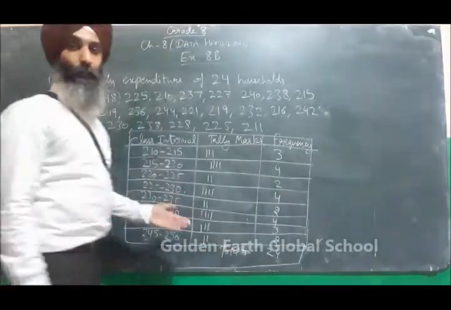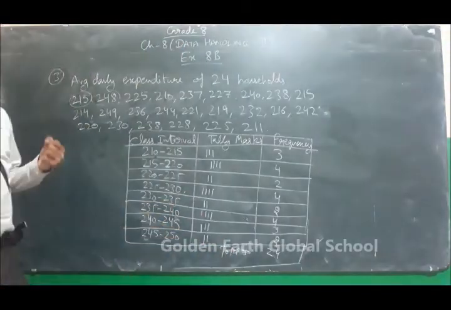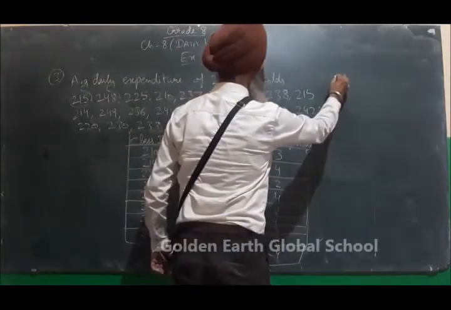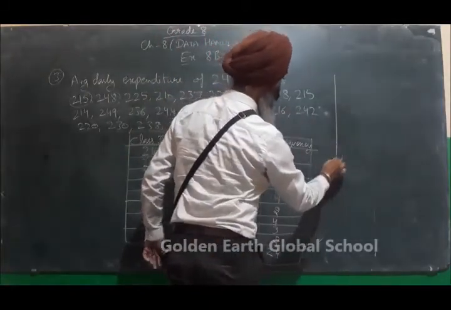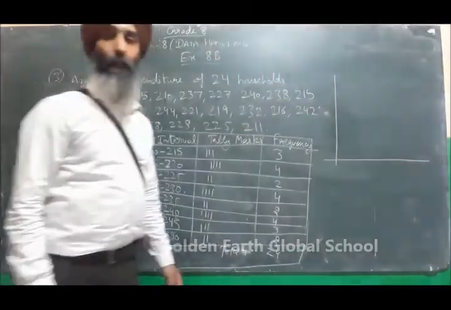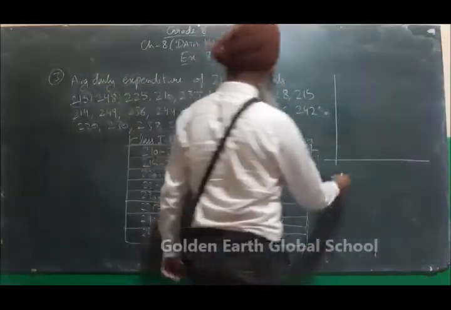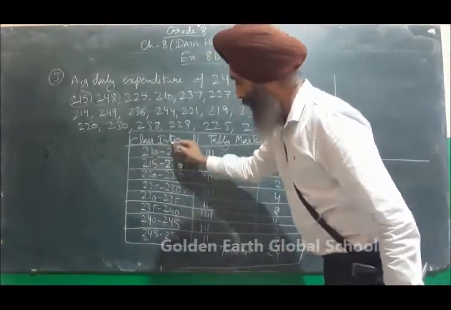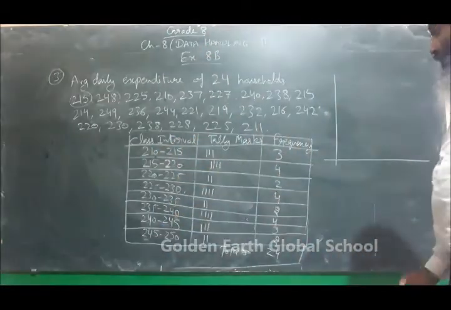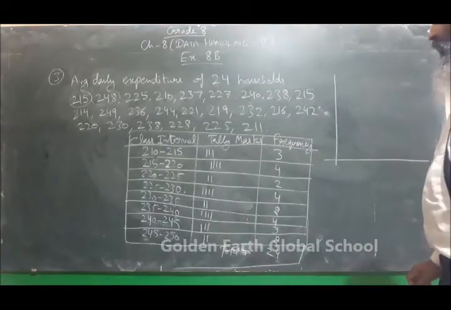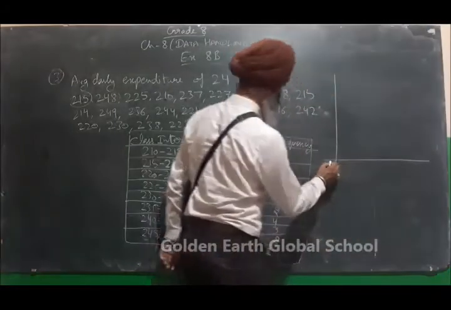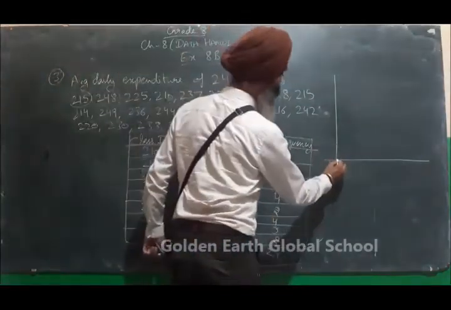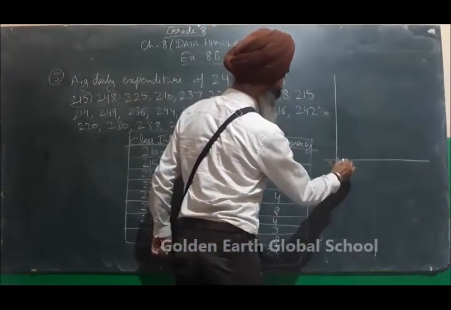Now from this table we will make the histogram. So make the x-axis and y-axis. Okay, is it clear? Now we will put the class intervals on the x-axis. So we have to mention the class intervals here. As it starts from 210 to 215, we will put a break.